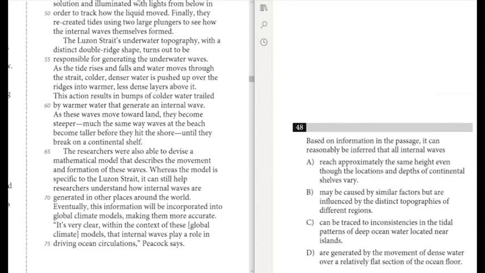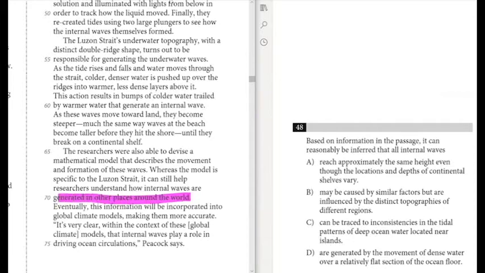Question 48. Based on the information in the passage, it can reasonably be inferred that all internal waves are what? So, I think that is a reference to the quote on line 65. The researchers were also able to devise a mathematical model that describes the movement and formation of these waves. Whereas the model is specific to the Luzon Strait, it can still help researchers understand how internal waves are generated in other places around the world.